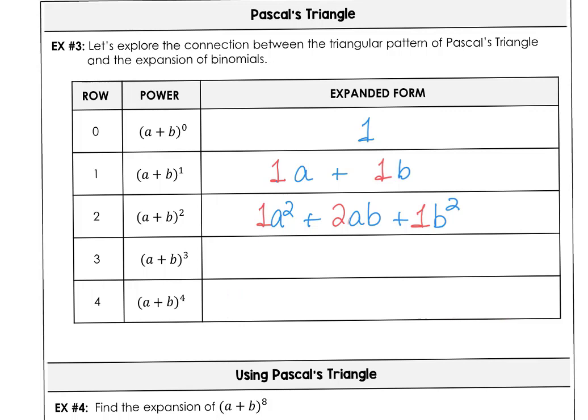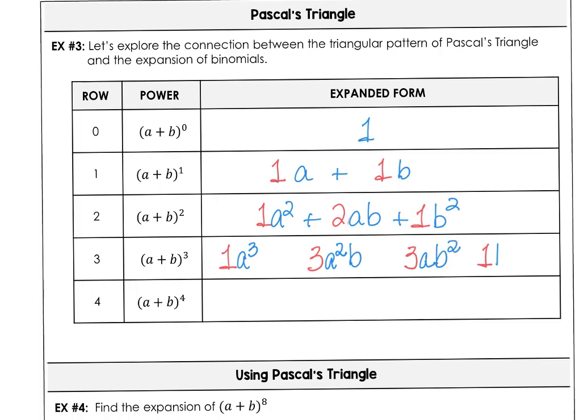But something really interesting is going to start to appear. So we're going to see that we have the 1 and the 3 and the 3 and the 1. But what happens to the terms, if you looked back at the definition on the first page, there's 1a cubed and no b. And then there's 1a squared and 1b. And then there's 1a and b squared.